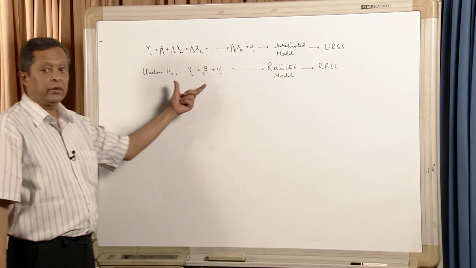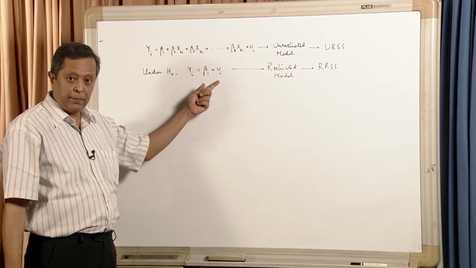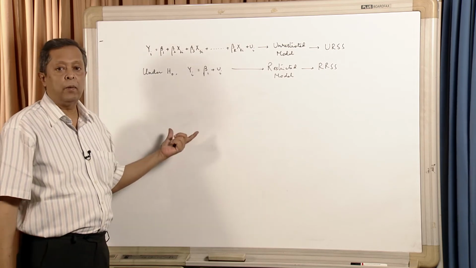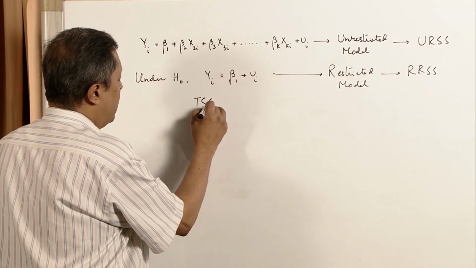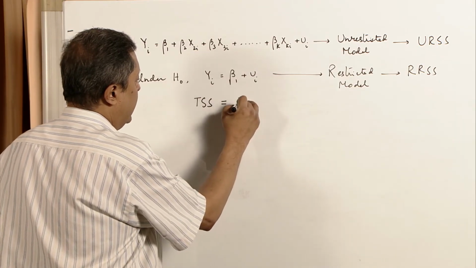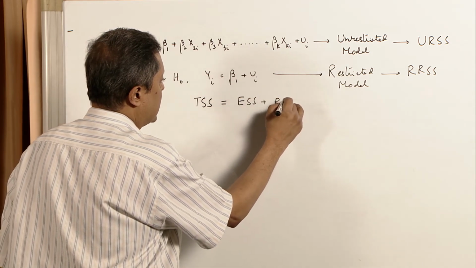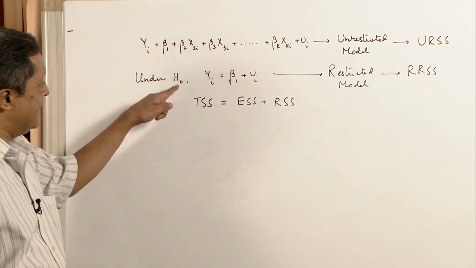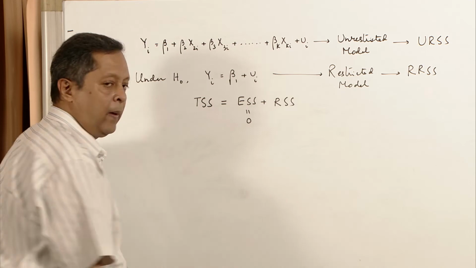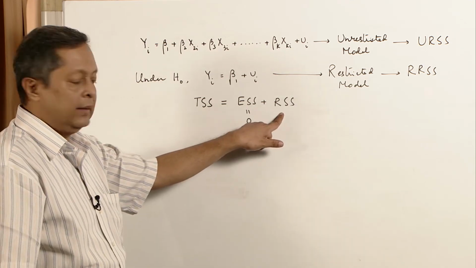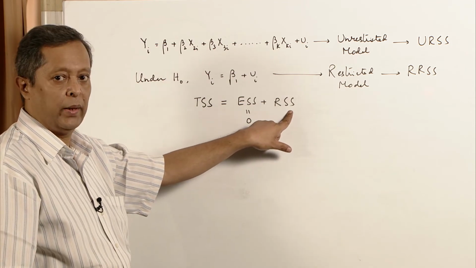Let us understand what this is. Here, because you do not have any explanatory variable, the explained sum of squares is nil, and we know that total sum of squares is equal to explained sum of squares plus residual sum of squares. In this restricted model, explained sum of squares is 0, and therefore, total sum of squares is equal to residual sum of squares.